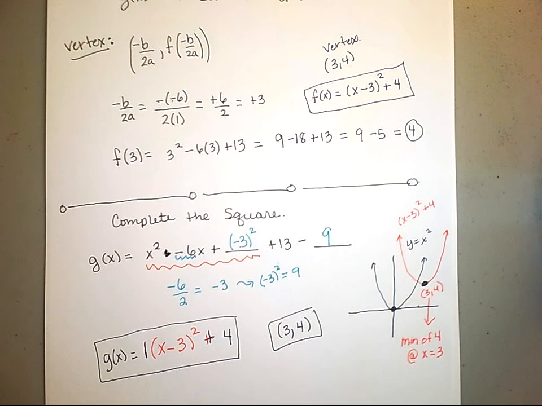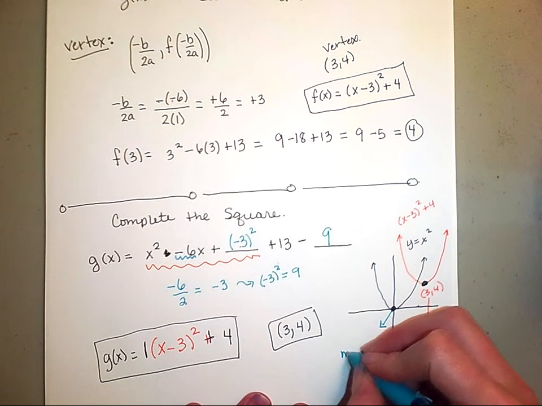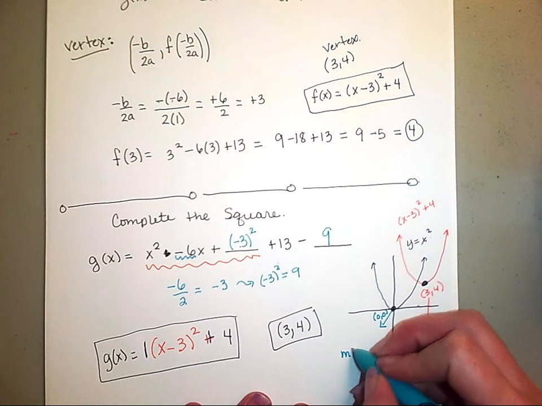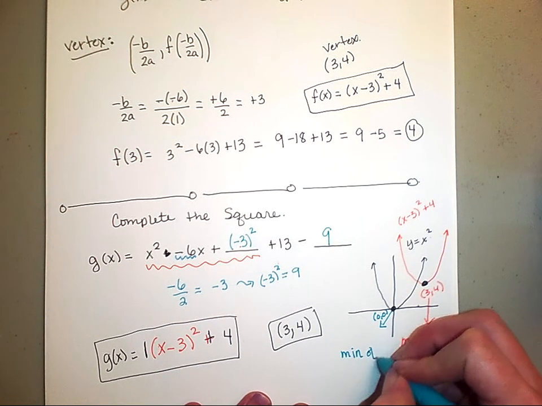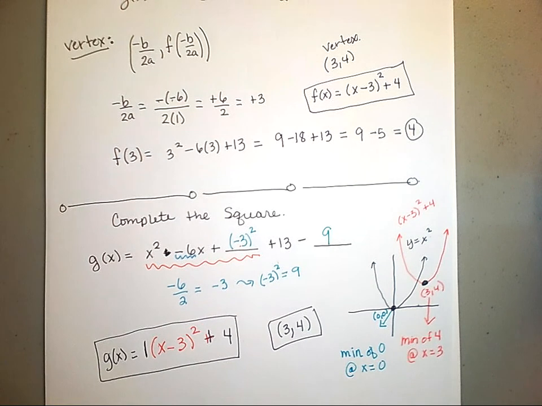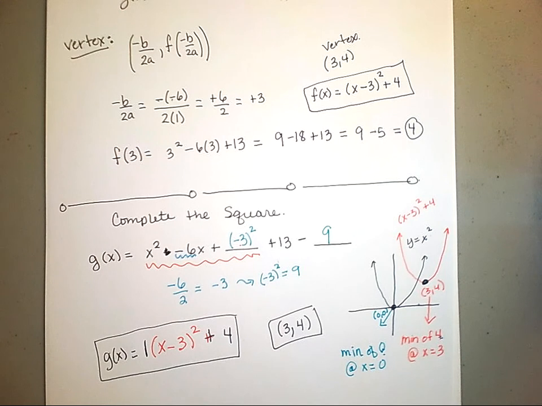So you read that from the vertex. This graph, our basic one, has a minimum because this is the ordered pair 0, comma 0 for basic y equals x squared, which means we have a minimum of 0 at x equals 0. So these are the y values. You can read that from here.